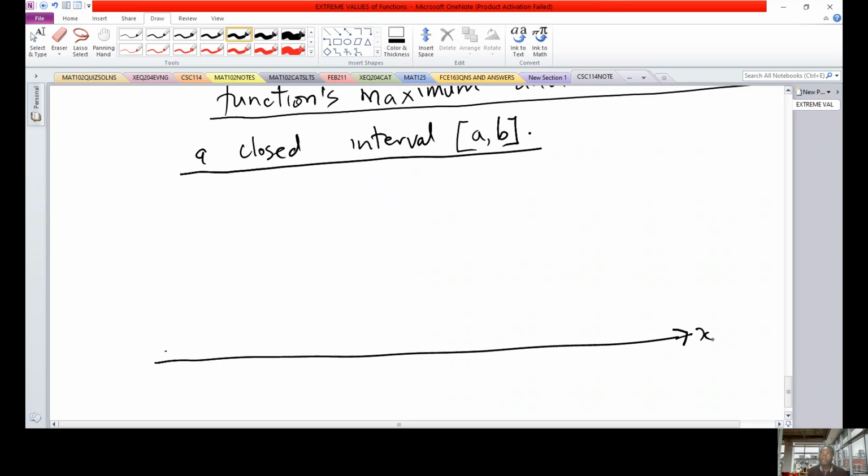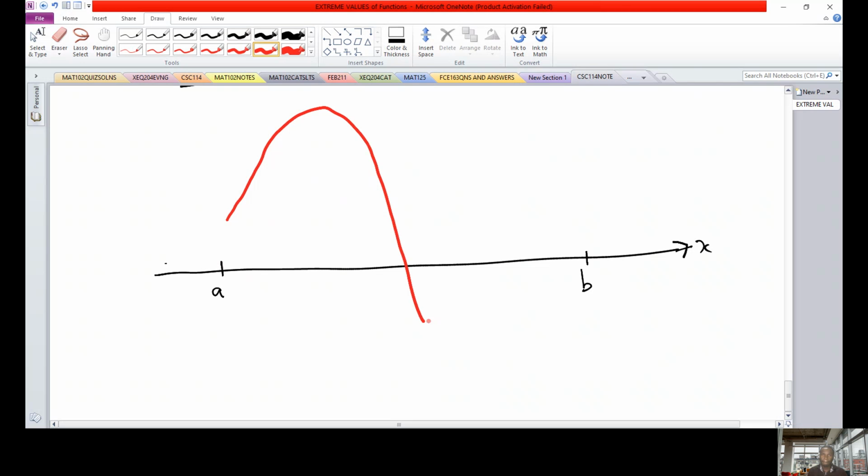This is the x-axis, have point B, then we have A. So if we have this graph, so at this point here, this way you have x2, this way you have x1.